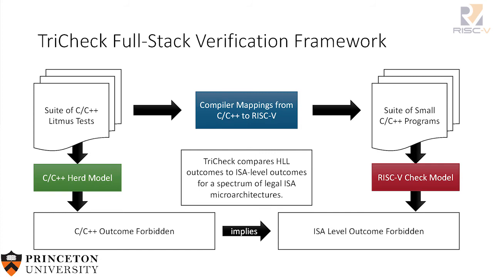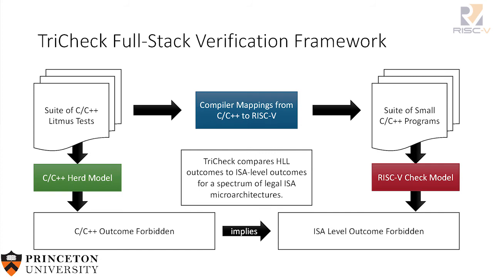Then we have these compiler mappings from C++ to RISC-V. These are not taking advantage of any compiler optimizations, just one-to-one mappings from C++ to RISC-V. And we get this small suite of RISC-V programs, not C++. Then we run that set of RISC-V programs on our RISC-V Check model.